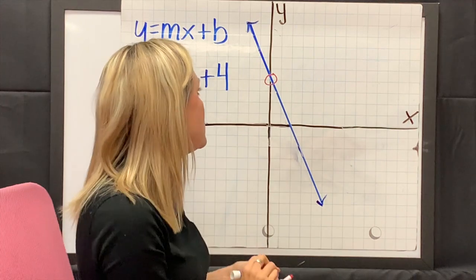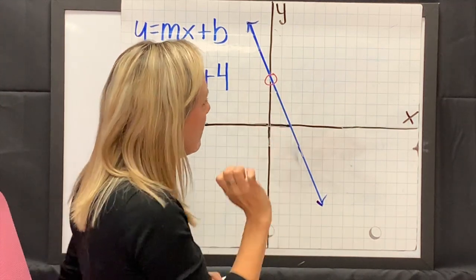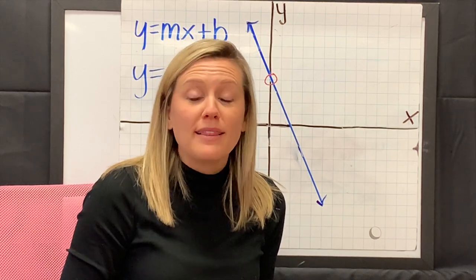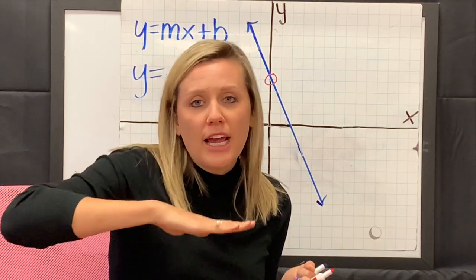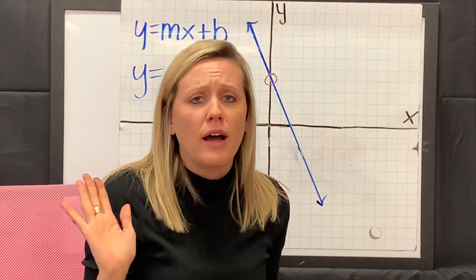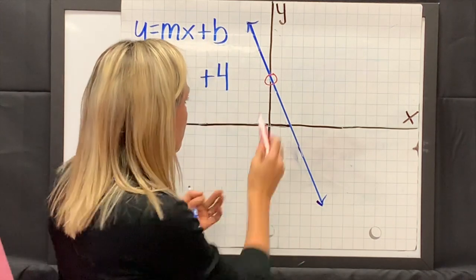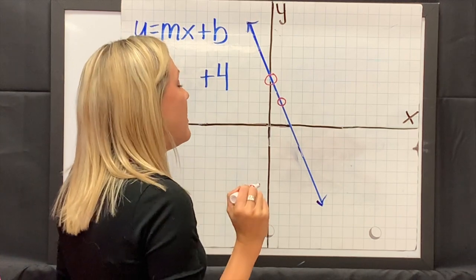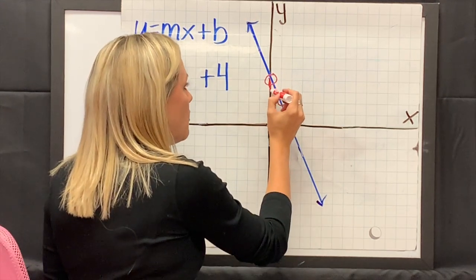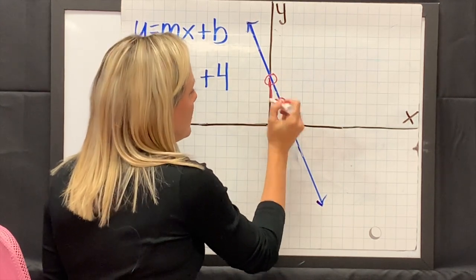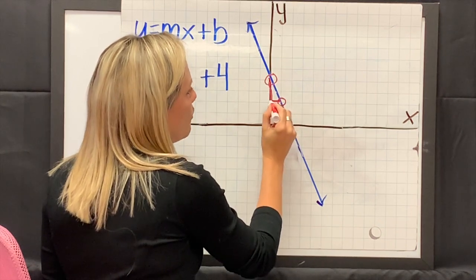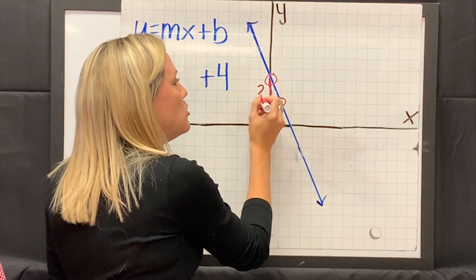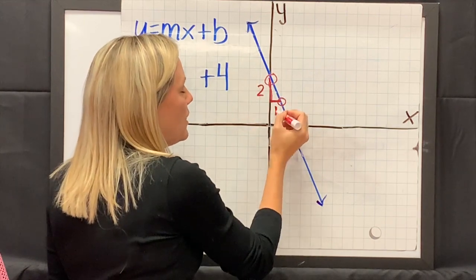The next thing we're going to do is look at the right side of our line, and I want to circle another spot where my line perfectly crosses a horizontal and a vertical line on my graph. So I'm looking, and it looks like it perfectly crosses right there. Then I'm going to make my little triangle, and I'm going to count the units down and the units over in order to get to my next spot. So it looks like I go 2 units down and 1 unit over.